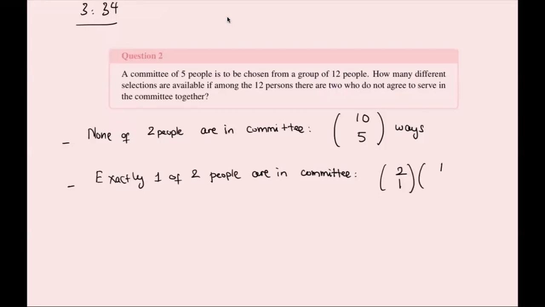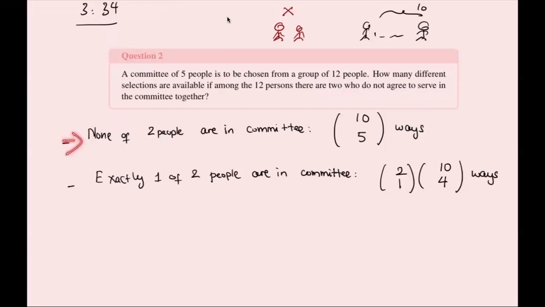And then for the other people, we only need to choose 4, right? So we kind of separate the 12 people into 2 groups. Group 1 is those people who do not agree to serve together, and then the rest of them, which is another 10 people.